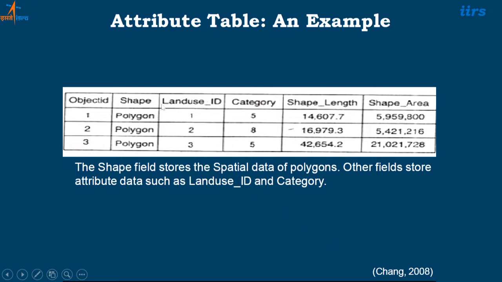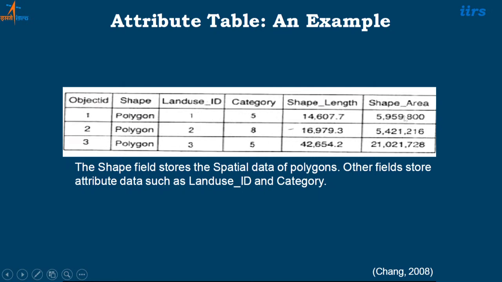Example of attribute: in raster we had only one value, one pixel or one cell, I have one value. Whereas in the case of vector we can have multiple attributes for one point, one location. So you can see here, I have point number 1, this is one polygon. The land use ID is there, category I am defining, shape length I am giving, and shape area also I am giving.